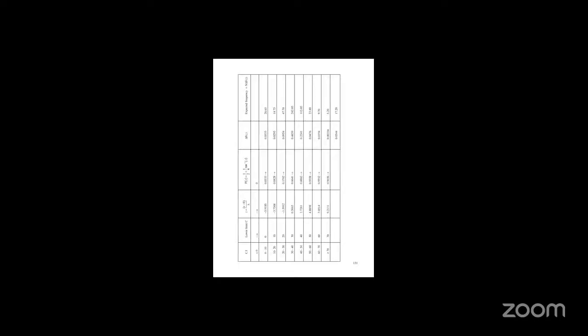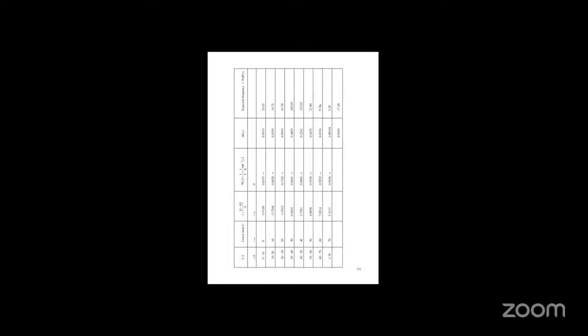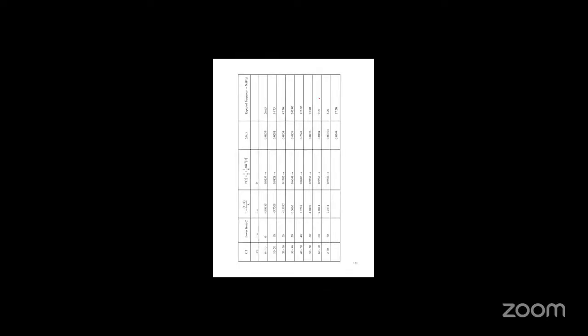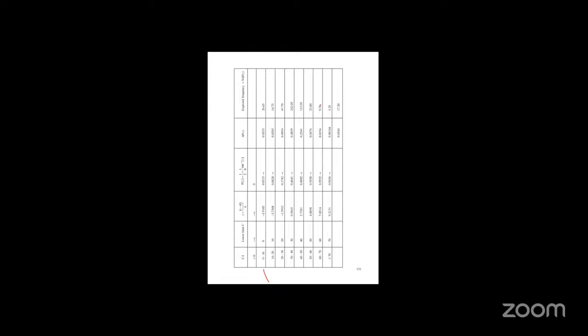Again, we have a table. Here we can see the class intervals: less than 0 means the lower limit will be minus infinity, and Z is also minus infinity, and f of x is also 0. When we take class intervals from 0 to 10, the lower limit becomes 0.